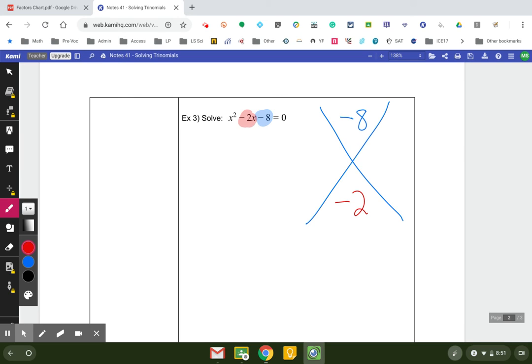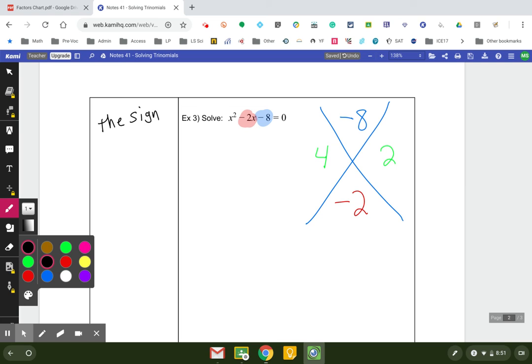So I'm going to have my factors. I have 4 and 2. And the sign, I'm going to write this down again. The sign of the bigger number has to match the bottom number.